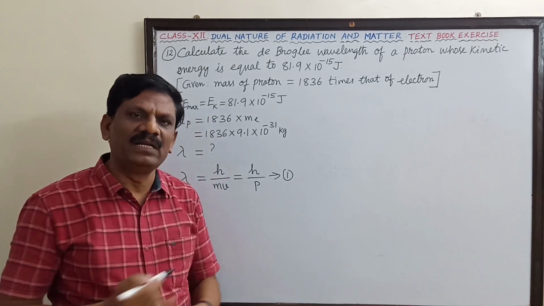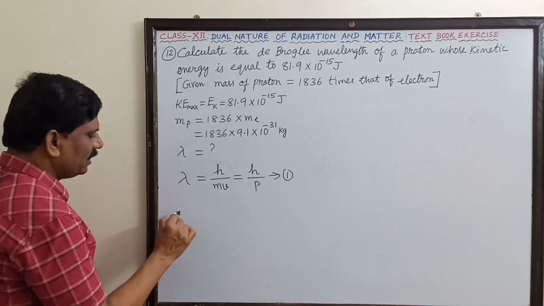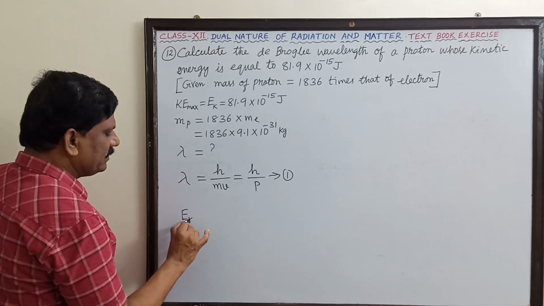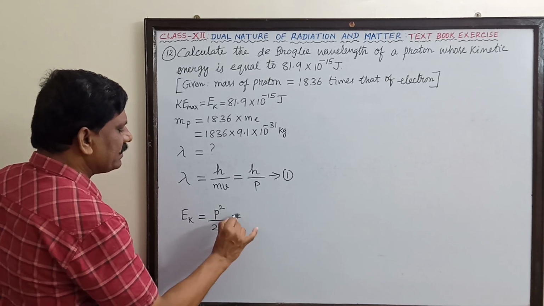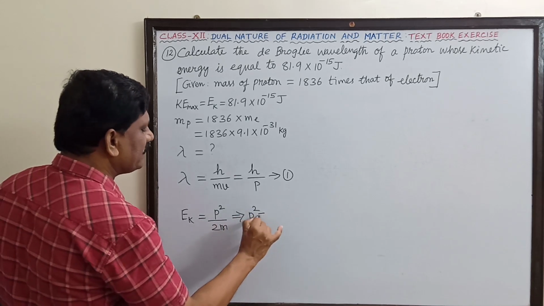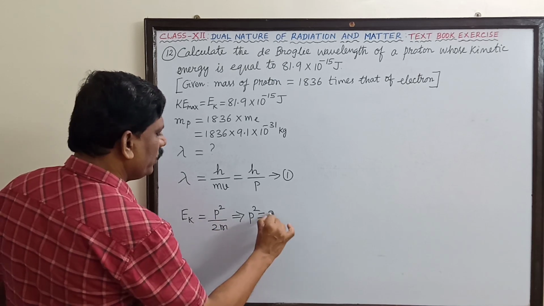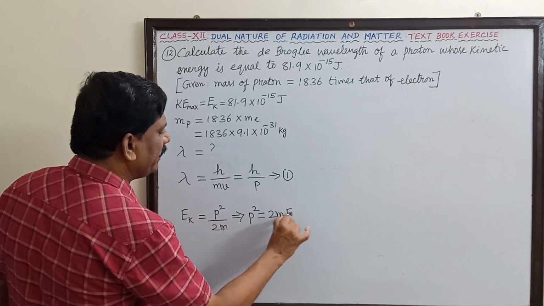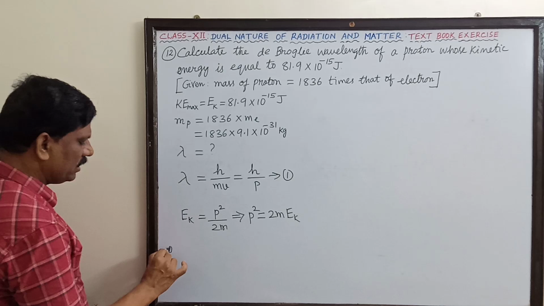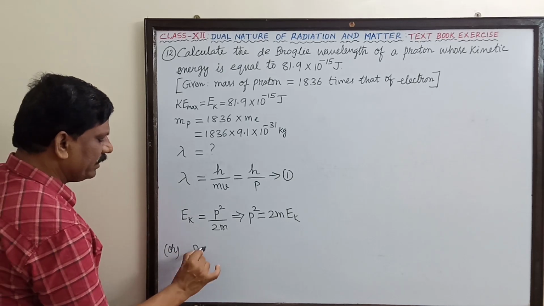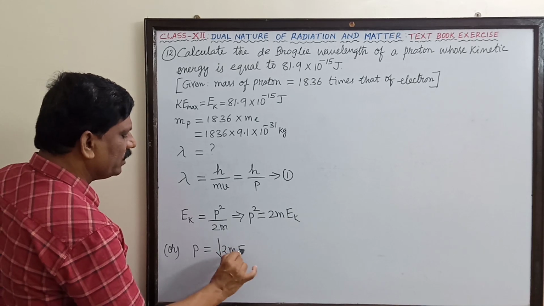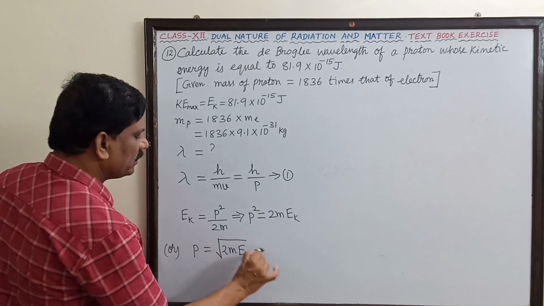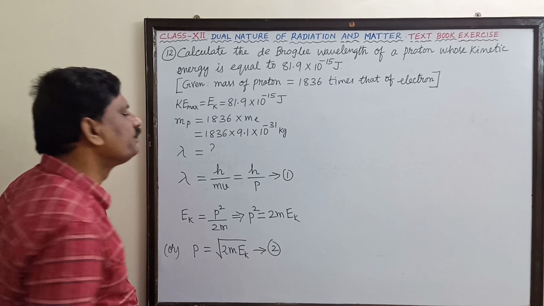We can relate momentum and kinetic energy. So kinetic energy is equal to P square by 2m. This implies P square is equal to 2 into m into E kinetic, or momentum P is equal to square root of 2 into m into kinetic energy, and this is equation 2.